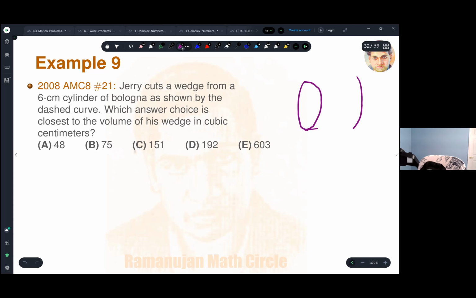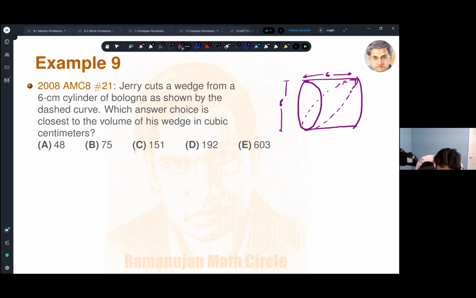Okay, that's our drawing. This is 6 centimeters, and this is 8 centimeters. So you have to figure out which is closest to the volume of his wedge in cubic centimeters.